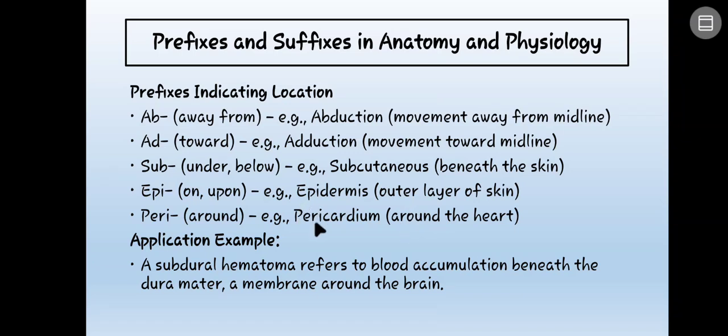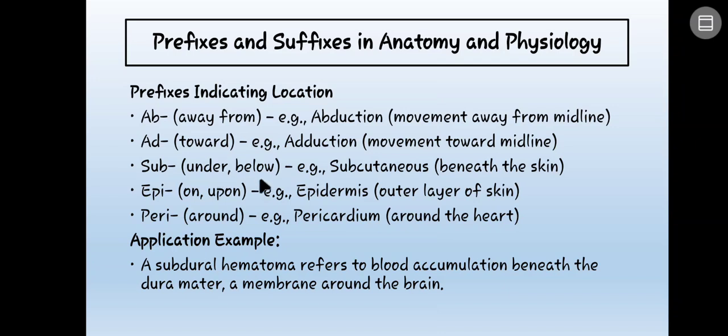Anywhere you see peri, it means around that structure or organ that it precedes. Now, application of these prefixes indicating location. For example, if you see subdural hematoma, it refers to blood accumulating beneath.